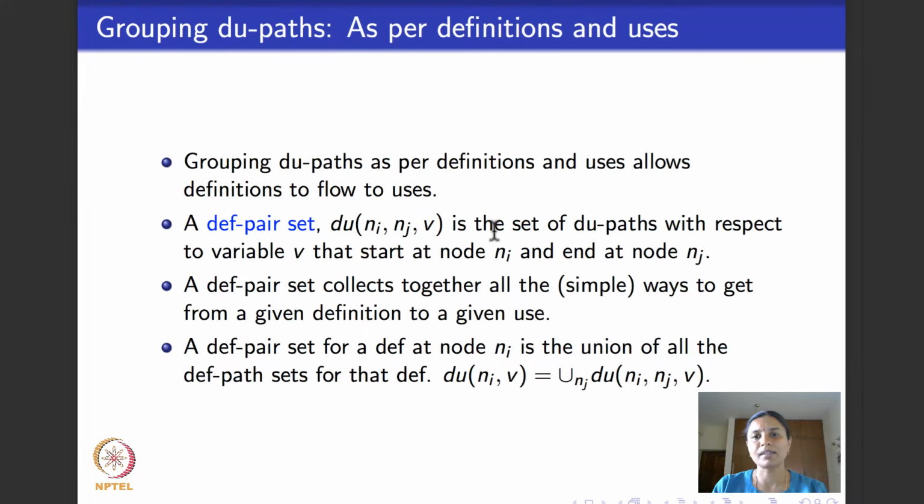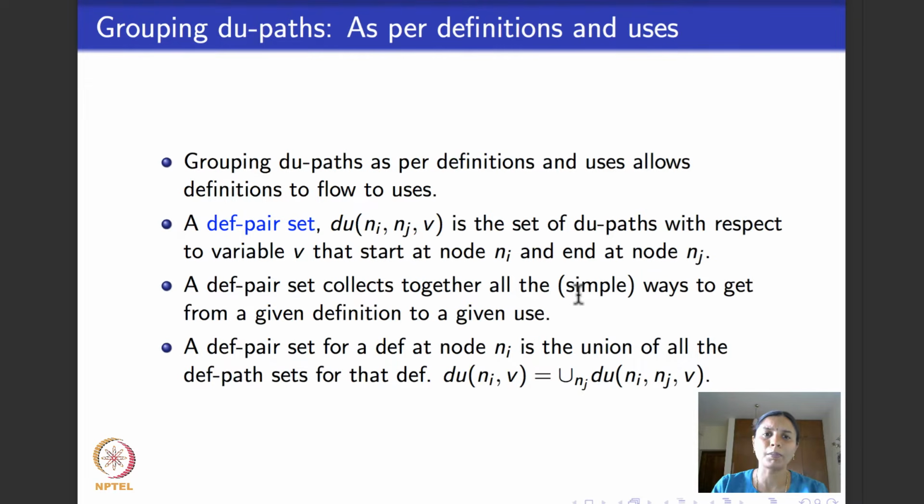A def pair set is a set of DU paths for a fixed variable V, which begin at node Ni and end at node Nj. Right? So a def pair set collects together all ways to get from a definition of a variable which is at node Ni to its use which is at node Nj. Please remember when we talk about DU paths, we had insisted in the last lecture that such paths be simple.